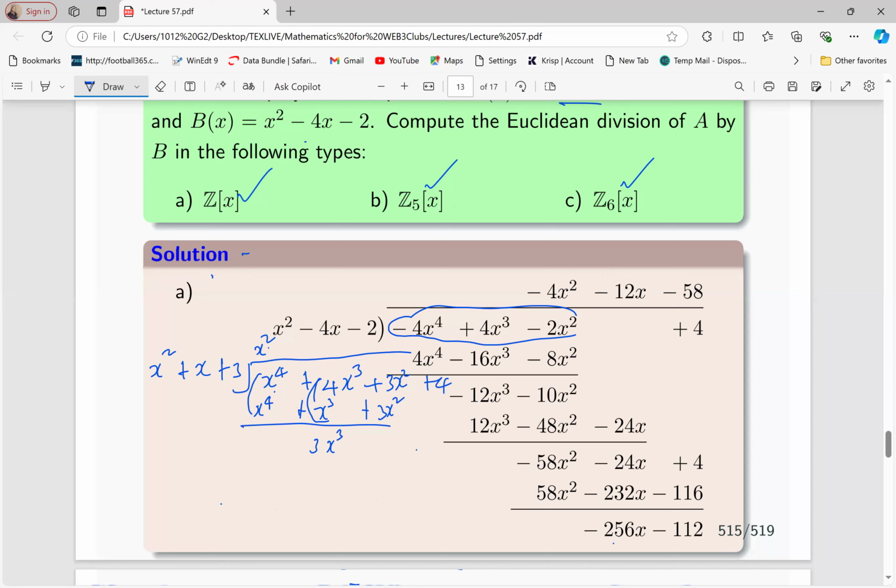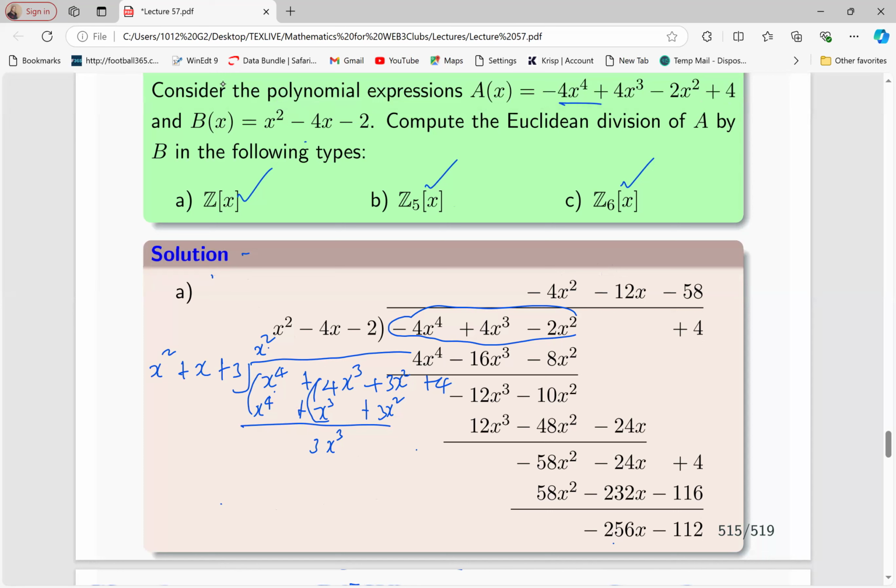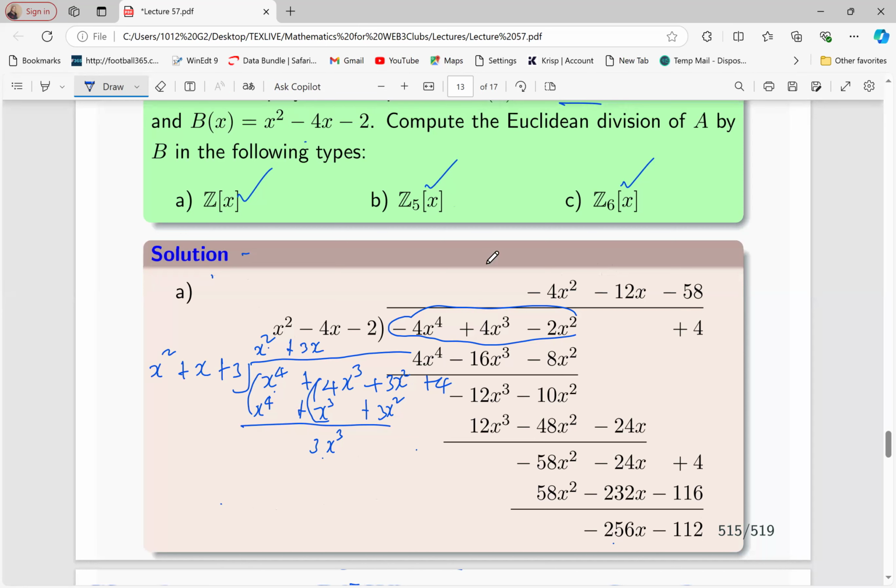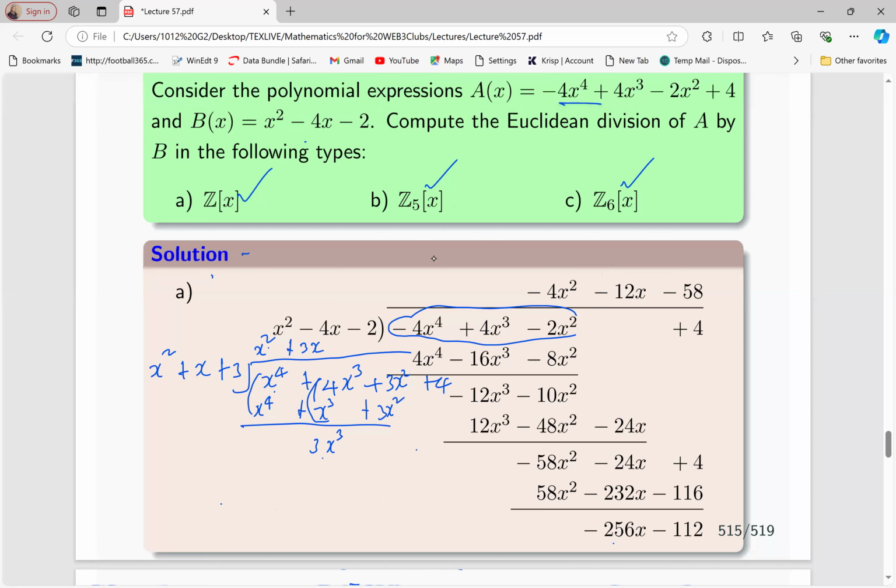Then, okay, so what about x squared inside here? It will be 3x. So this 3x times the entire thing will be x raised to 3.